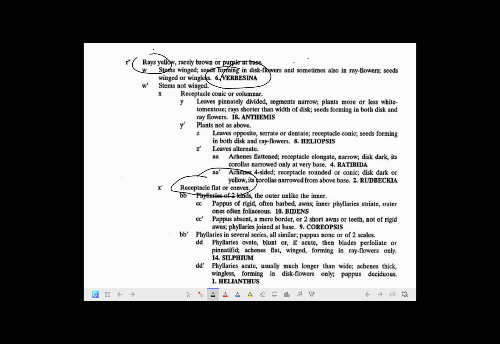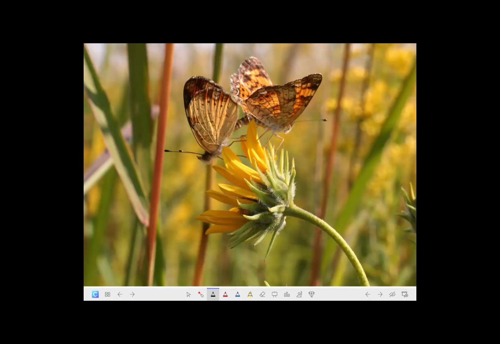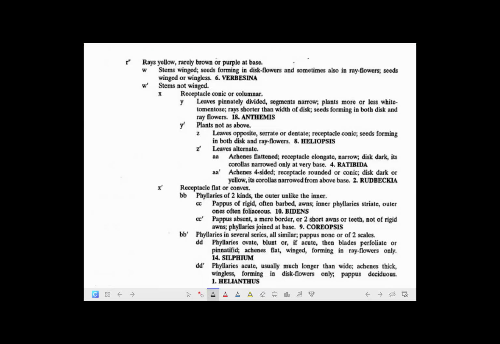And we're asked to look at the phyllaries, and we want to see if there are two different types, kind of like that dandelion was, or if they're just sort of spirally arranged, but they all look more or less alike. So here's a picture that shows that they're kind of spirally arranged, more or less alike. So then we're given this choice down here, and we are asked what the shape of them are, and whether or not the disc flowers form fruits, and they do.